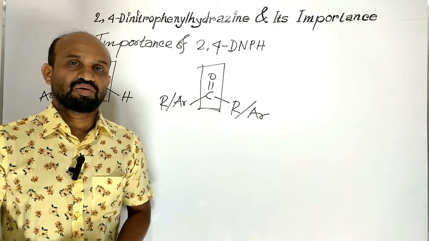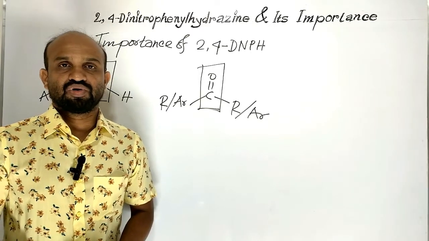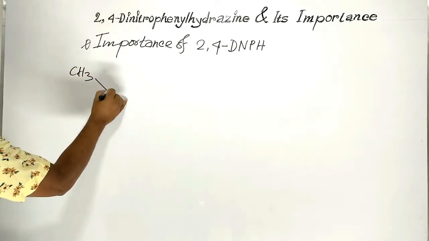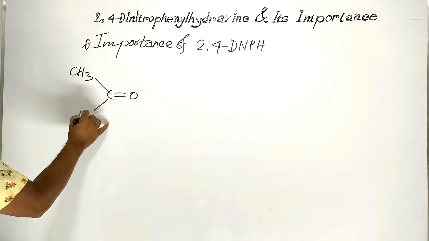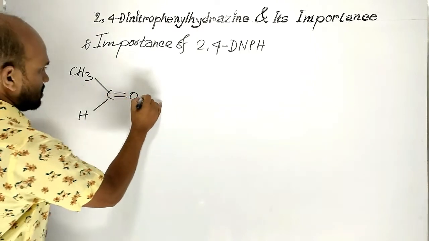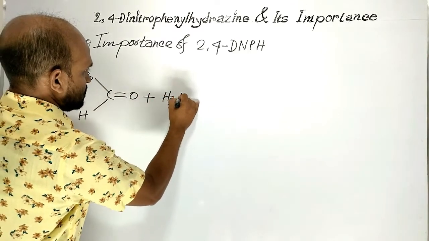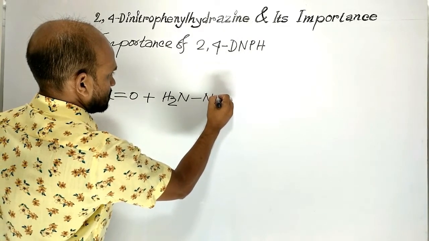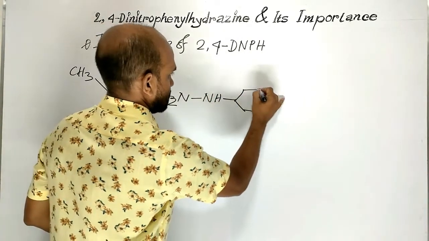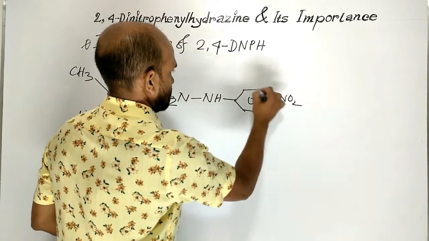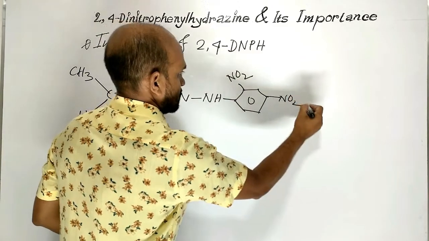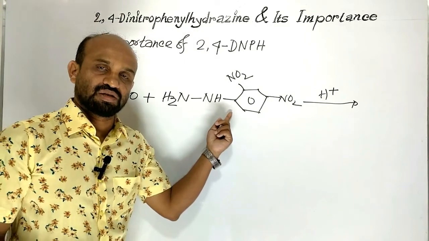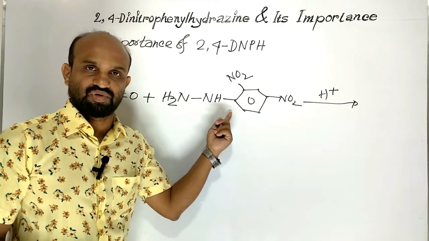Now let's see how carbonyl group is detected by 2,4-DNPH. Aldehyde is taken. Suppose this is aldehyde, which is ethanal. Ethanal is treated with this compound 2,4-DNPH in presence of acid, that is Brady's reagent contains some concentrated sulfuric acid.